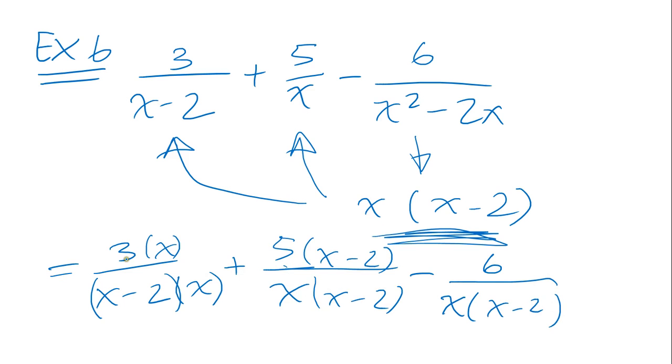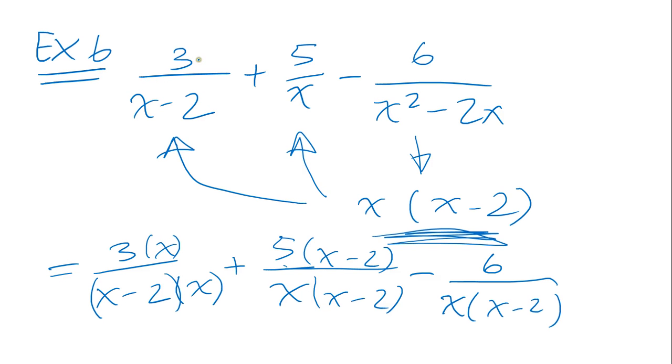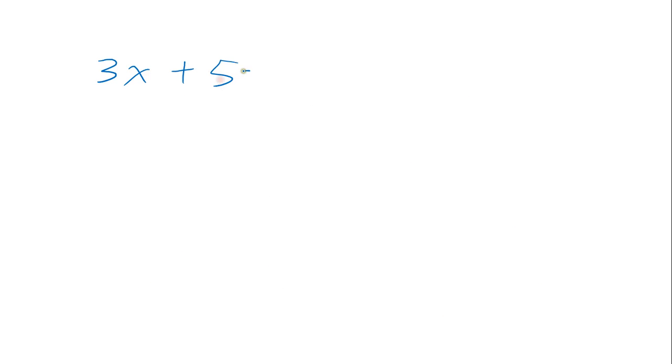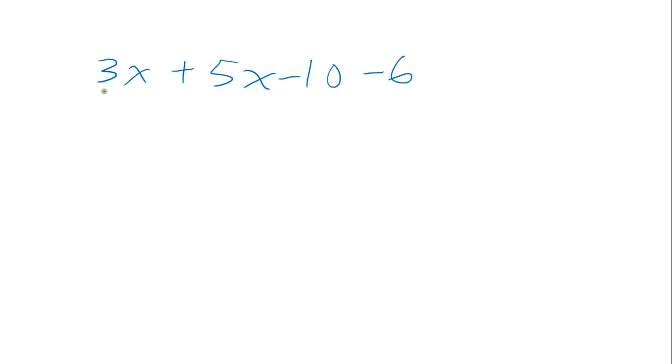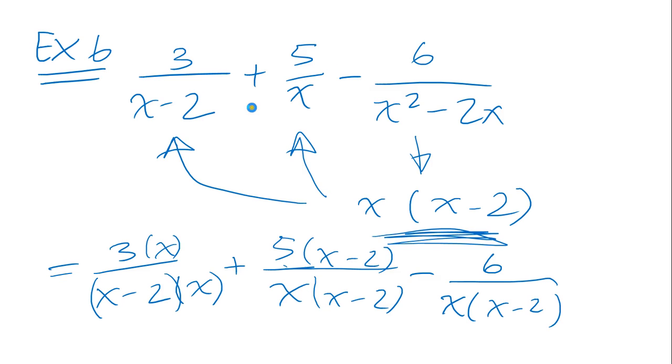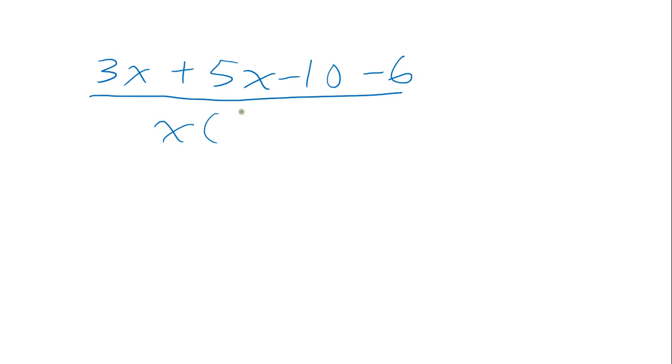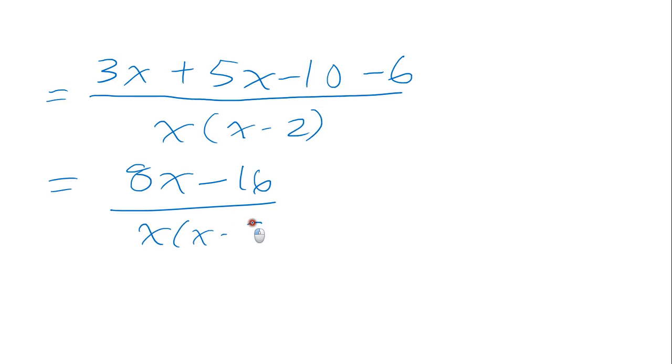So 3x. So basically, I'm gonna have 3x plus 5x minus 10 minus 6 over x times x minus 2, which basically is going to end up giving me 8x minus 16 over x times x minus 2.